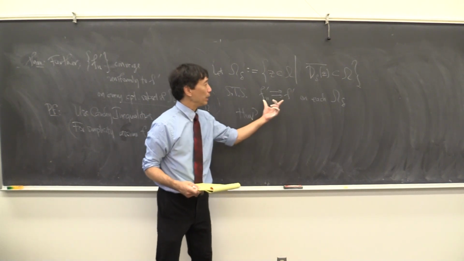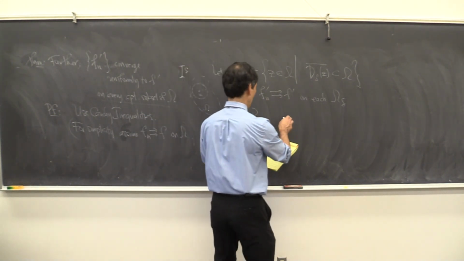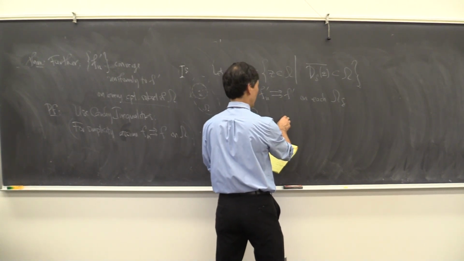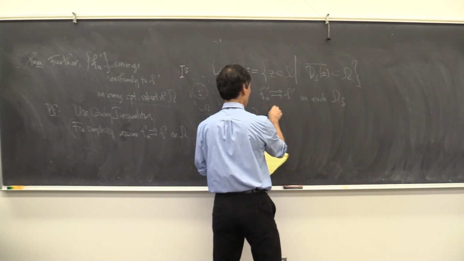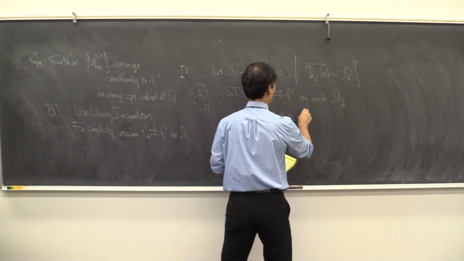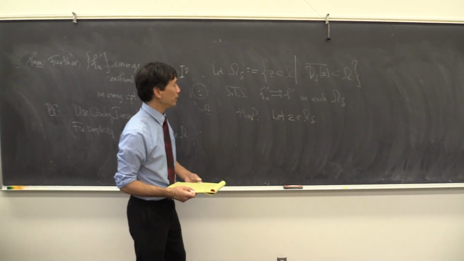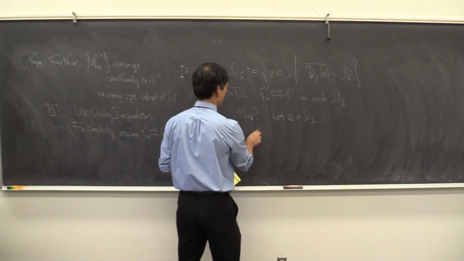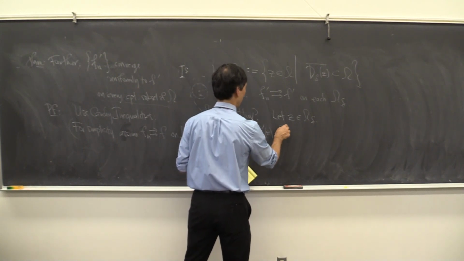We want to show that we've got control over the difference. Let z be inside omega delta, and let's consider the difference Fn prime of z minus f prime of z.